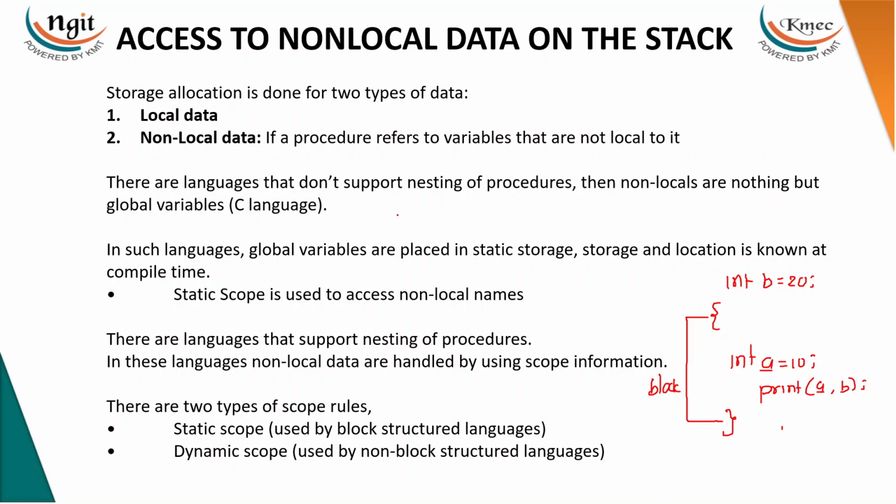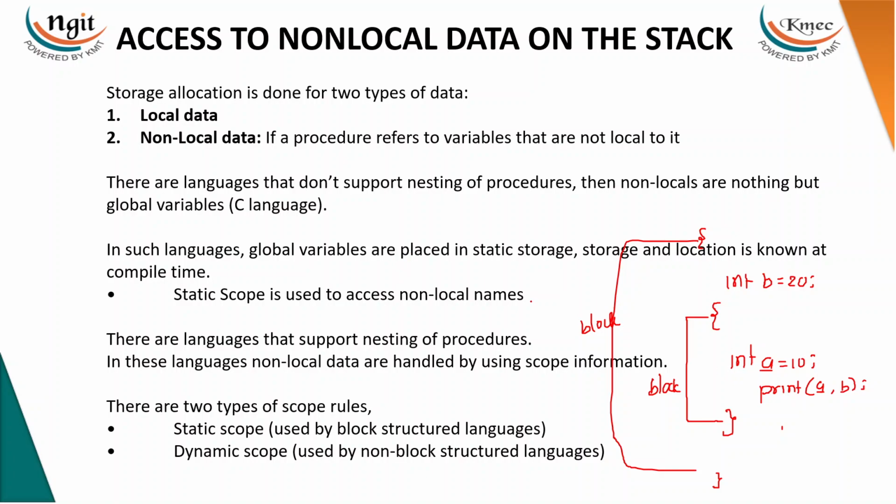See, some programming languages do not support the nesting of procedures, that is, a procedure inside another procedure, which is called nesting of blocks or procedures. We need to see how non-local data is accessed where nesting exists, and how it is supported where it doesn't. First, in C-like languages, nesting of procedures is not supported.